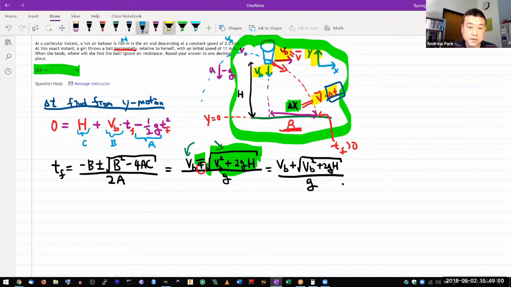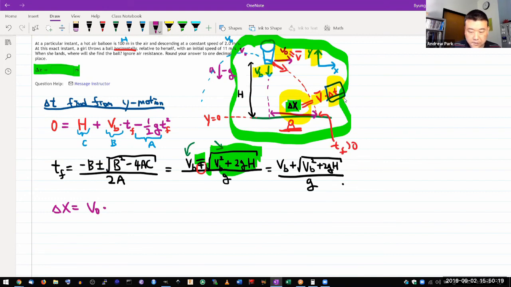The question is asking for the horizontal distance it's moved. So I found the time. So, okay, I just need to plug that in, multiply it with the given V naught to find the delta x. So, delta x is equal to V naught times all of that.